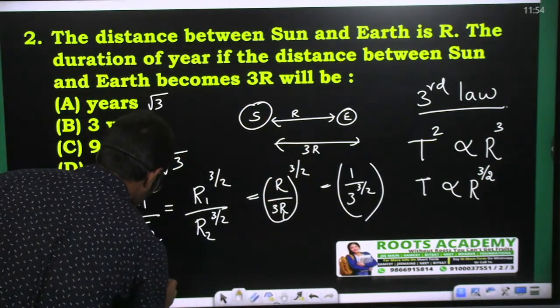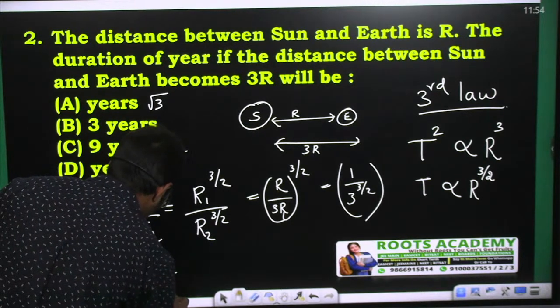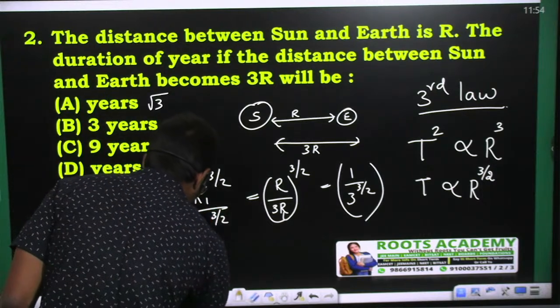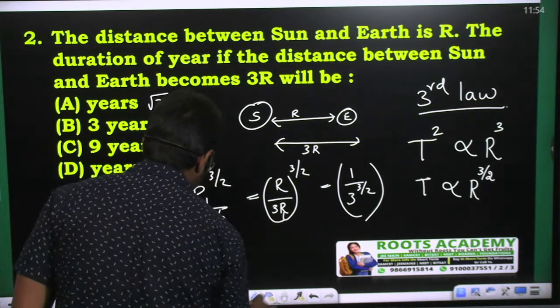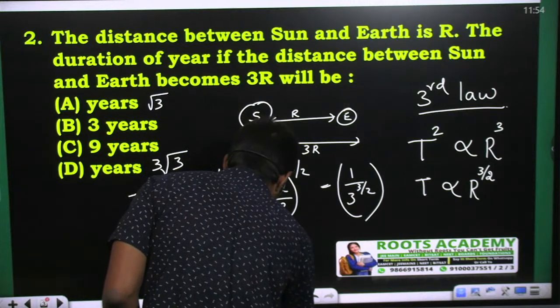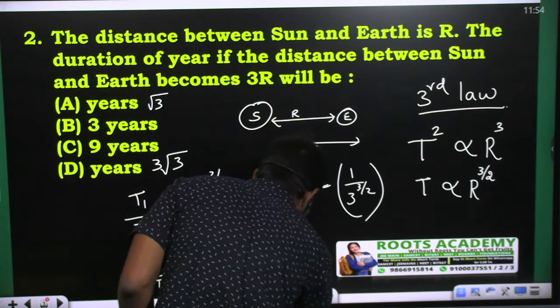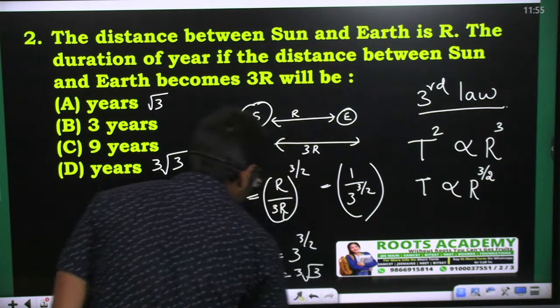So T1 is 1, and 1 by T2 is equal to 1 by 3 power 3/2. So T2 is equal to 3 power 3/2, which is nothing but... the cube root of 3.